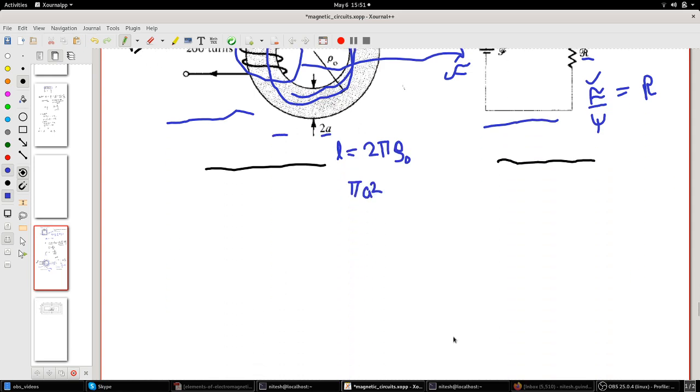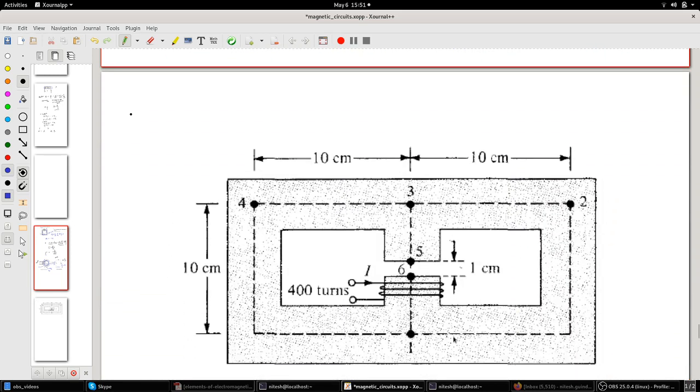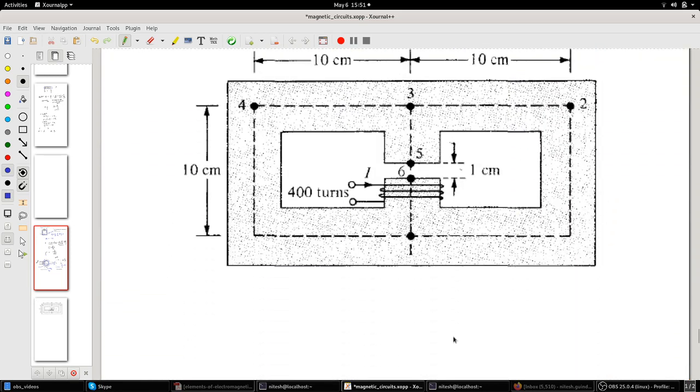Now take for example this particular device. Here, if you see, there are 400 turns around here, and then there is an air gap here, and then there is a core which is guiding, and the flux is confined here.